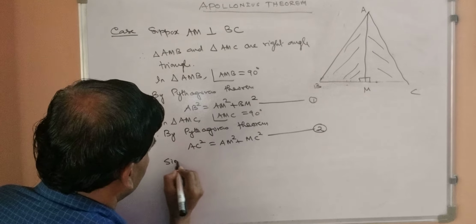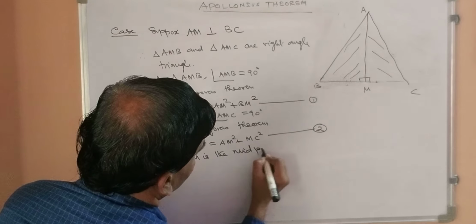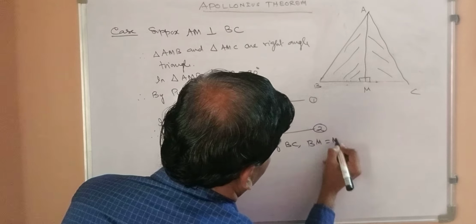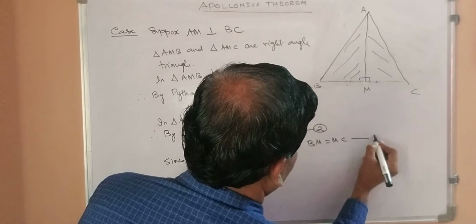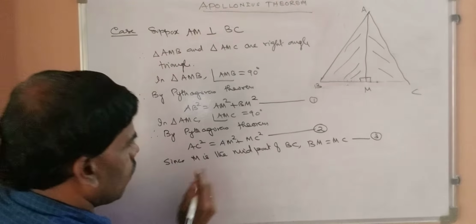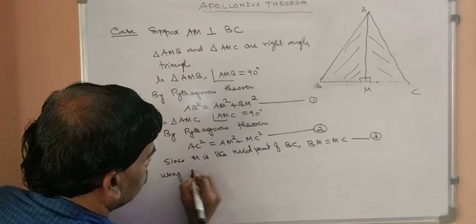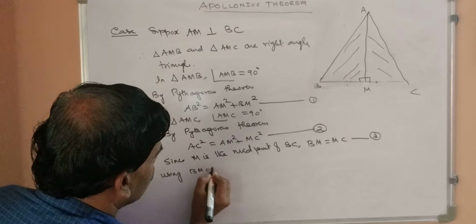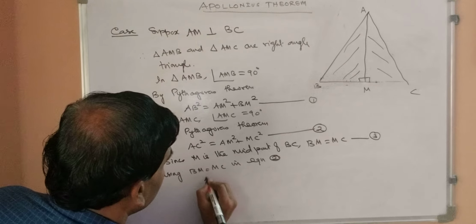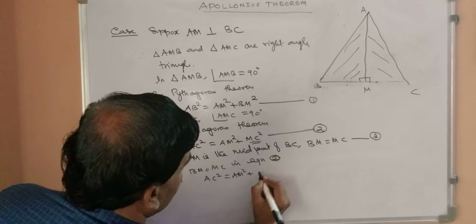Therefore, since M is the midpoint of BC, BM equal to MC. Now, BM equal to MC. Using BM equal to MC in equation 2, what we will get? AC square equal to AM square plus what is MC? BM.